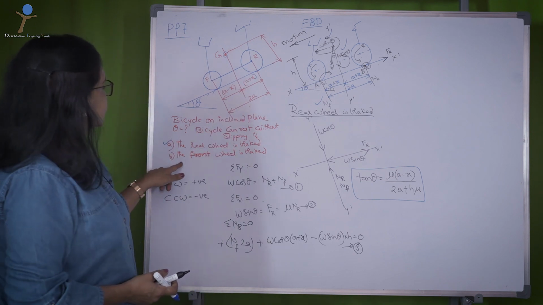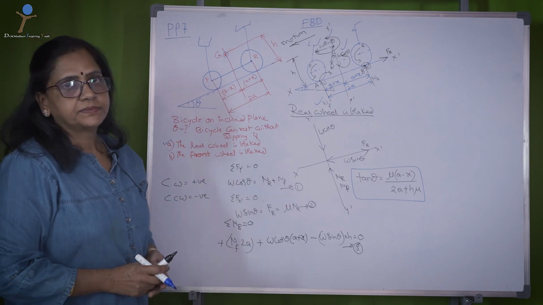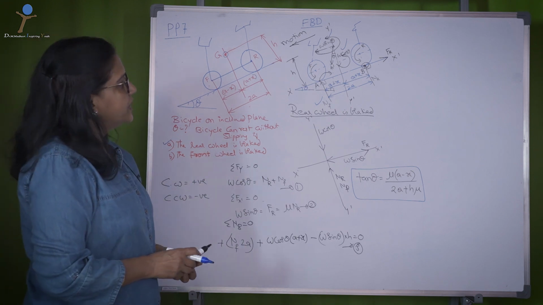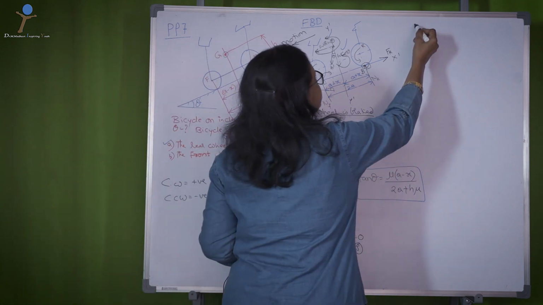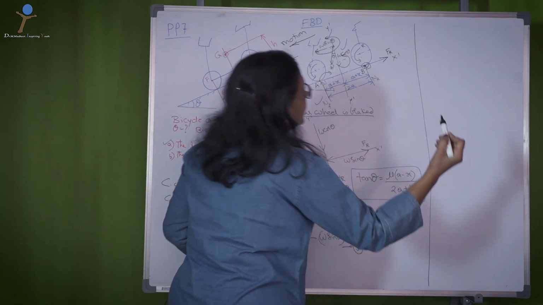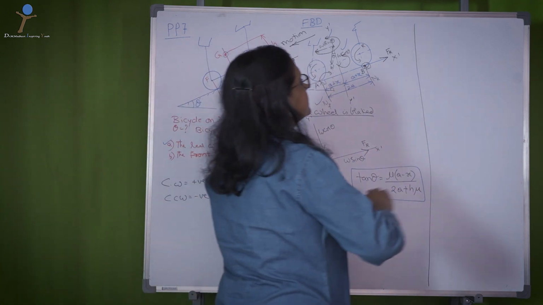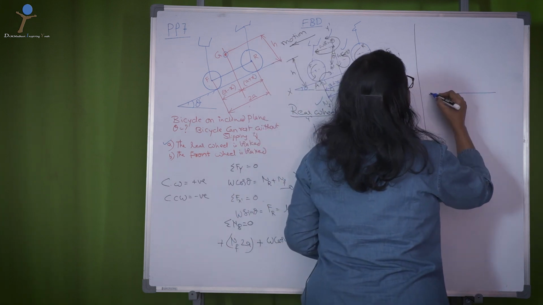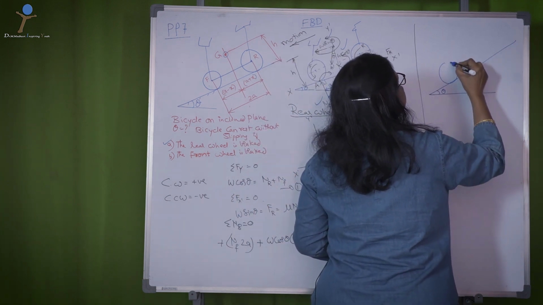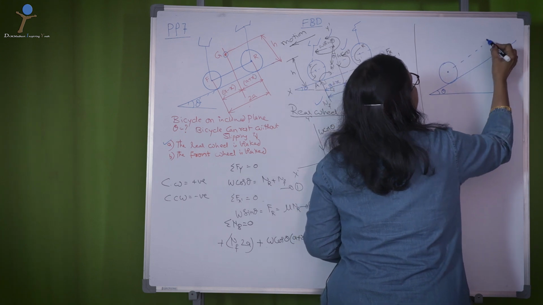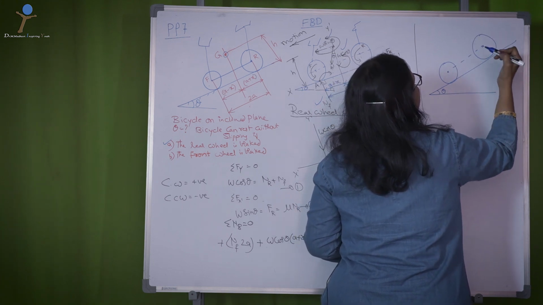So the next question is, when the front wheel is braked. When the front wheel is braked, the same procedure, but apply the frictional force on the front wheel. That goes this way. I shall draw the free body diagram. Okay, this is the front wheel, this is the rear wheel.